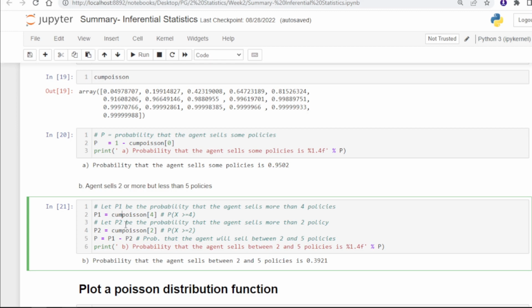Now we will get the cumulative Poisson for 4, because we are getting x greater than or equal to 4. And let P2 be the probability that the agent sells more than 2 policies. If we write this, it will give greater than or equal to 2.